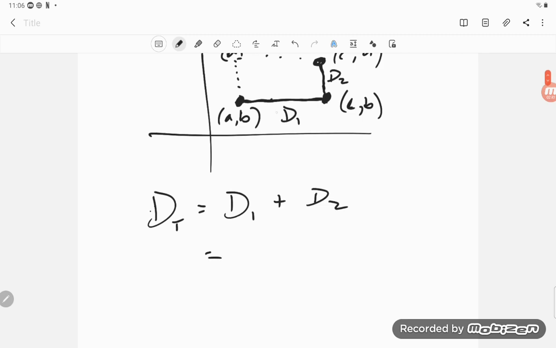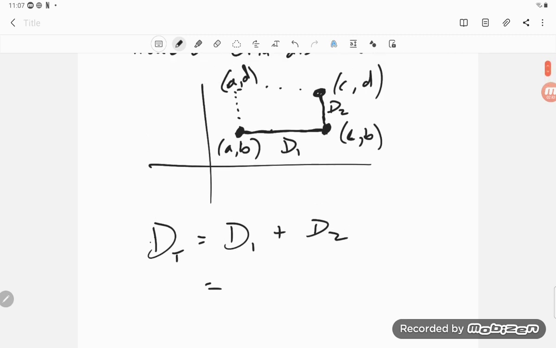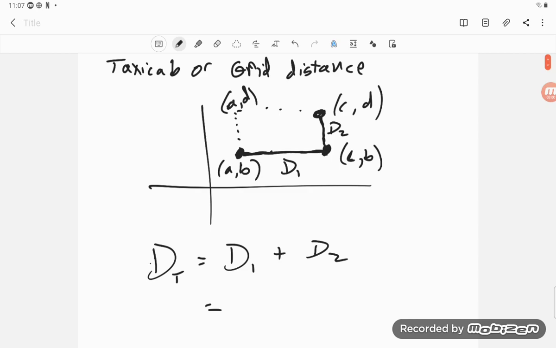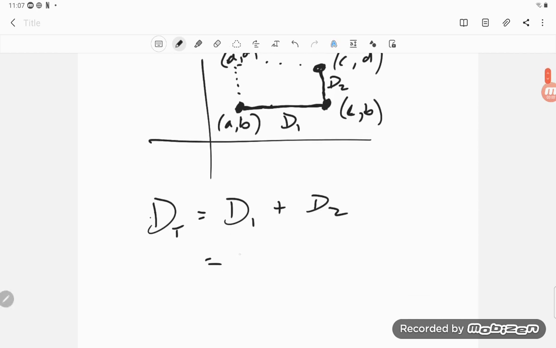Well, I can just look at it and see that here for D1, I just want to take C minus A. But if I actually go through the whole distance thing, I could do that. But for now, I'm just going to take C minus A, but I'm going to use absolute values, so it doesn't actually matter.